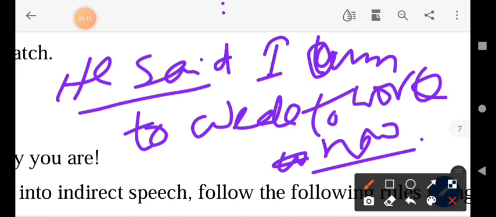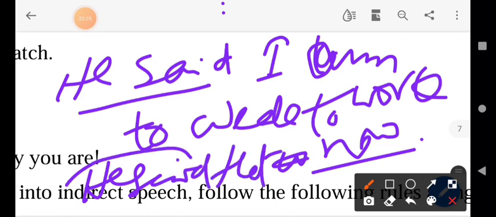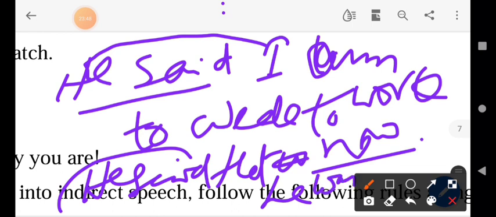He said that, where said is the reporting verb and that is a conjunction. I am too weak is an assertive sentence. I changes into the third person, according to the subject of the reporting verb, he. The simple present tense I am changes into he was too weak to work. Now changes into then. What is the right sentence here?